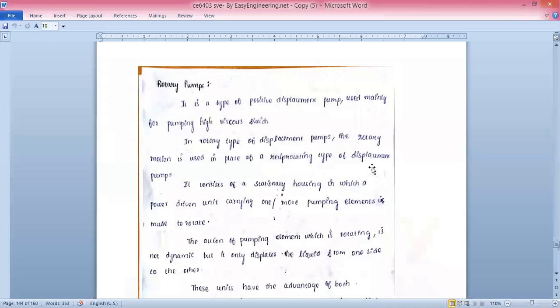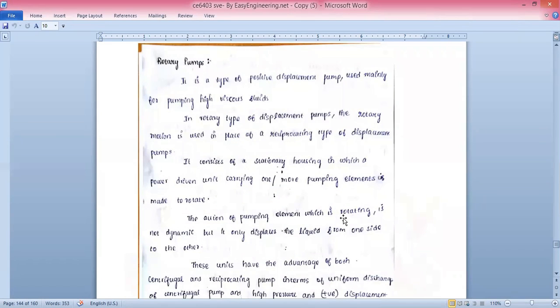So in rotary type of displacement pumps, the rotary motion is used in place of the reciprocating pump of displacement pump. It consists of a stationary housing in which a power driven unit carrying one or more pumping elements is made to rotate. So there are a number of pumping elements which will be working together to match the discharge.